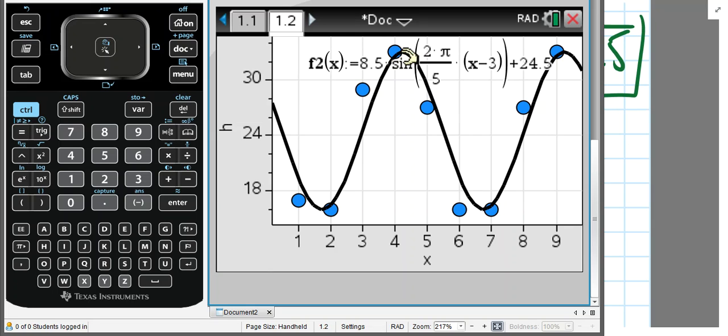If maybe we think that the curve should be a little bit taller, then perhaps we can change our vertical stretch, this 8.5 value, and mess with it. If your graph didn't appear to fit at all, but you did follow all of the steps along with me, check to make sure that your calculator's in the correct setting. We want radians.